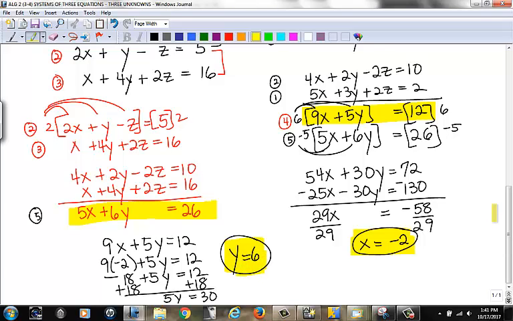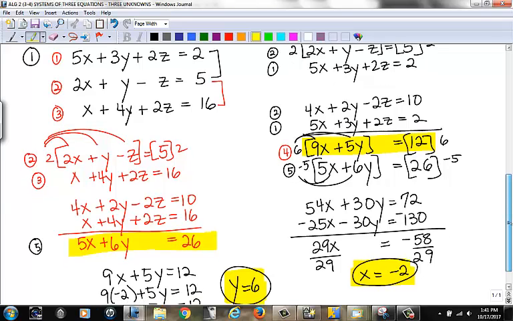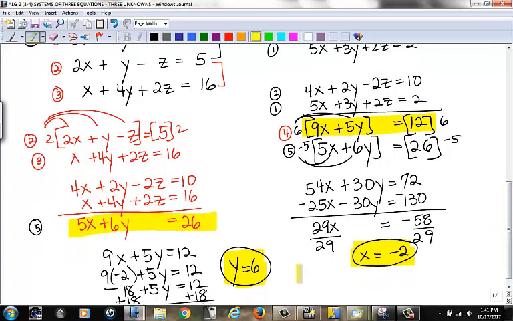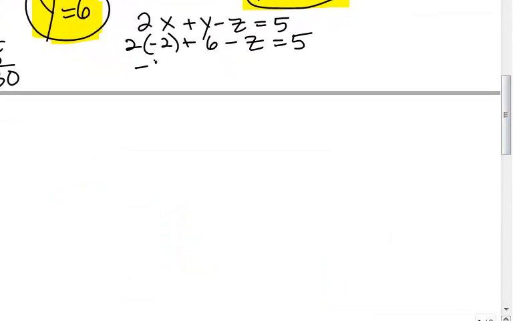Now go back, and I would say pick equation 2, it's the easiest. So we'd have 2x plus y minus z equals 5. So 2 times a negative 2, our y was 6, minus z equals 5. So we'd have negative 4 plus 6 minus z equals 5.